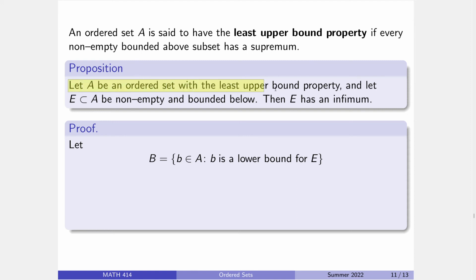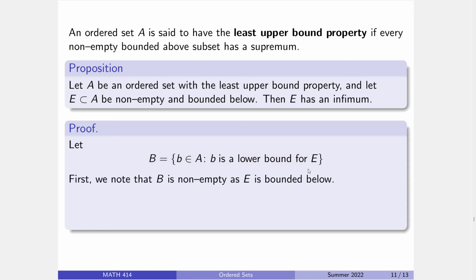Right, so think about the hypotheses that we have. I have to somehow invoke this to demonstrate the existence of an infimum. Well, I can create the existence of a supremum, so I need a non-empty set that's bounded above. So how about we look at the collection of lower bounds for E? Note, our hypothesis guarantees that this set B is non-empty, because our set's bounded below, so it has lower bounds.